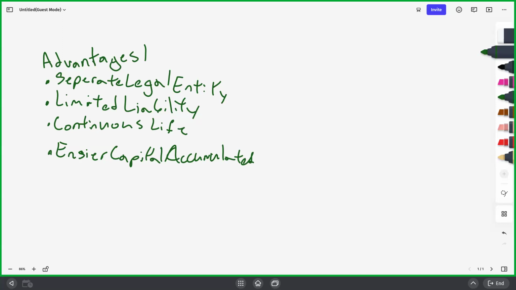Lack of mutual agency. Stockholders who are not an agent of the company cannot bind the corporation to contracts. All right. What else?